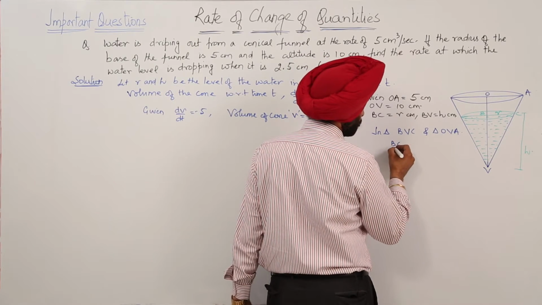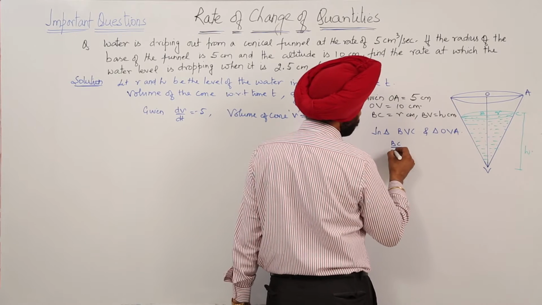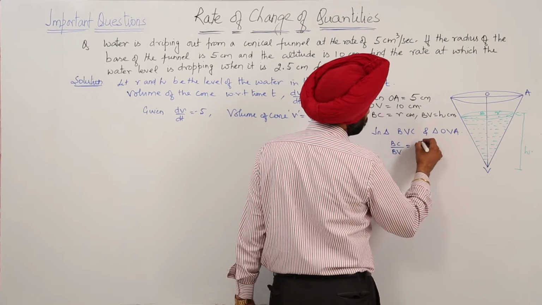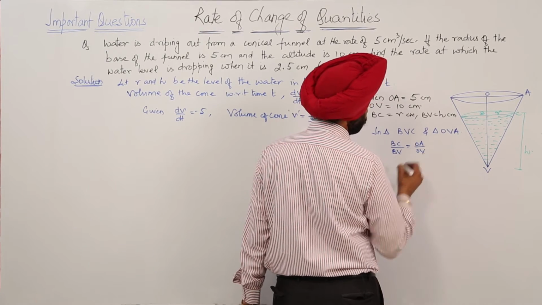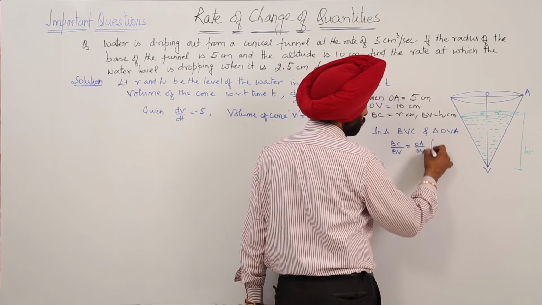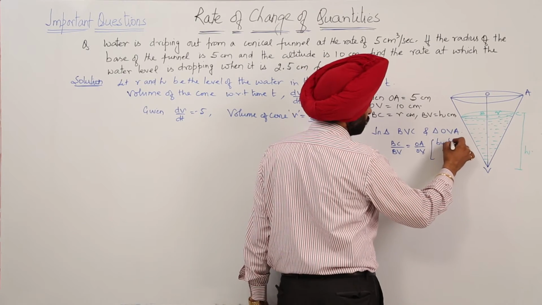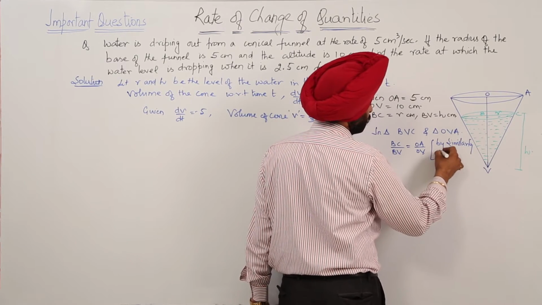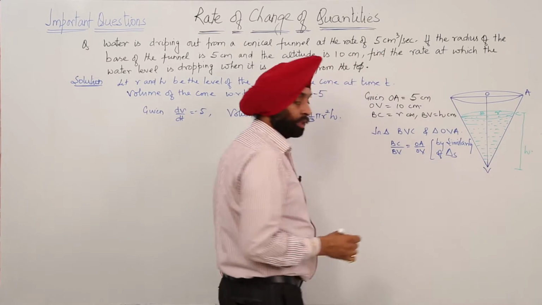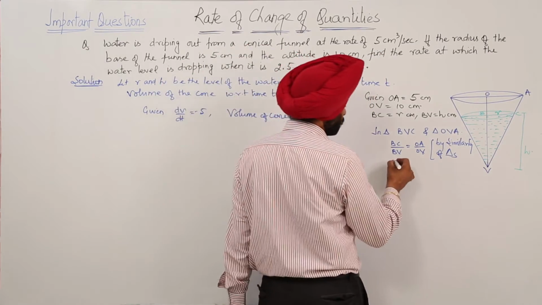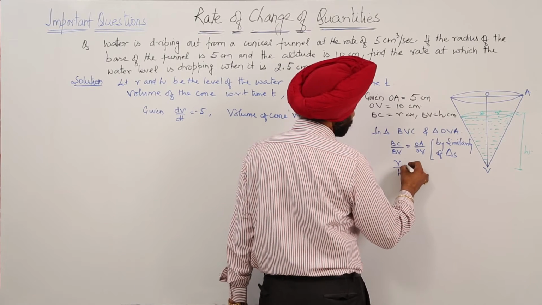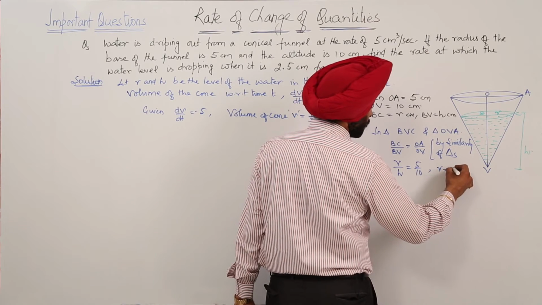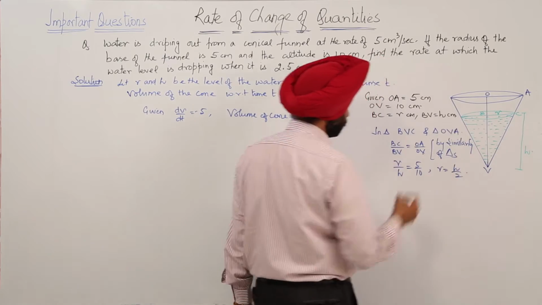BC by BV is equal to OA by OV, by similarity of triangles. Okay, so BC is R upon H is equal to 5 by 10, and R is equal to H upon 2.